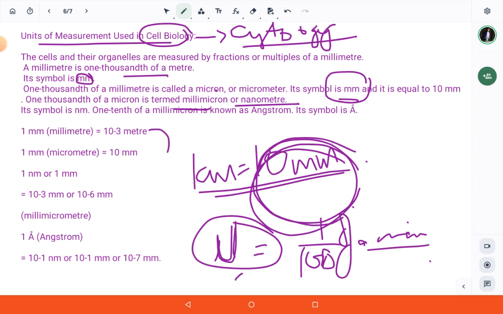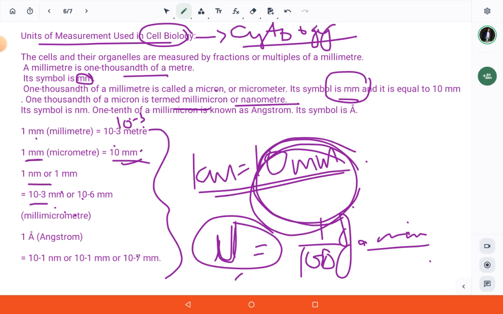Let's come to this particular conversion set. Remember this one, this is not 10 minus 3, it's 10 to the power minus 3. So 1 millimeter is 10 to the power minus 3 meter. Then 1 micrometer is 10 to the power minus 3 millimeter. 1 nanometer is going to be 10 to the power minus 6 millimeter or 10 to the power minus 3 micrometer.